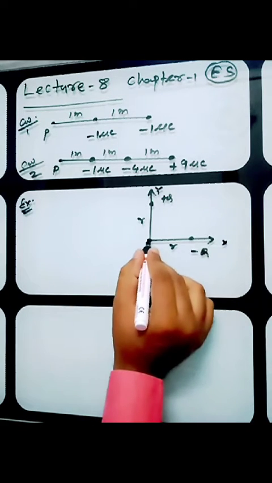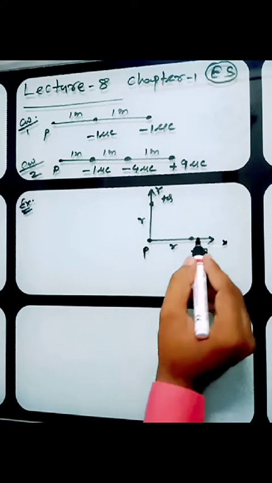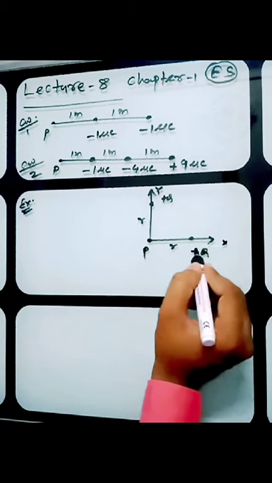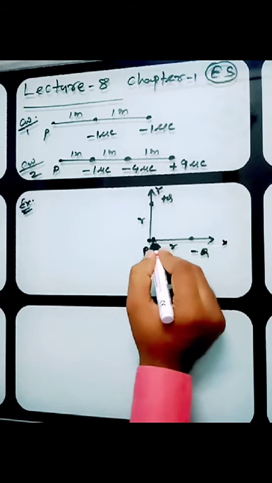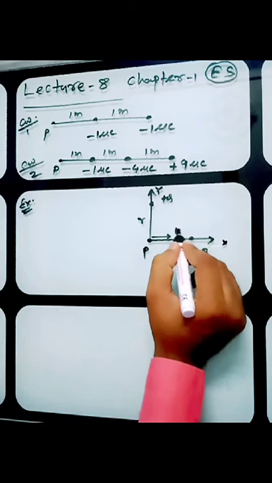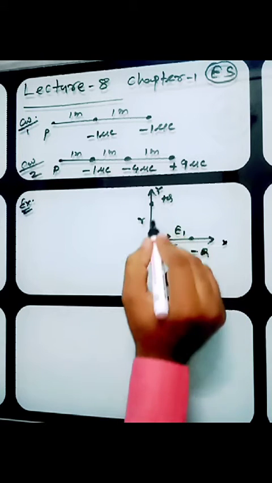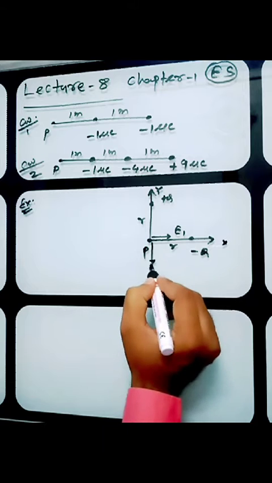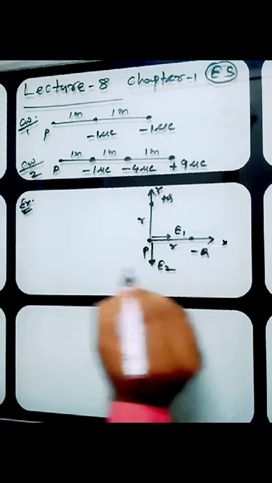What will be the net field at point P? Easily you can write the direction of electric field due to this negative charge will be towards this one, it is E1, and due to this positive charge it will be in which direction? Downward. It is E2.